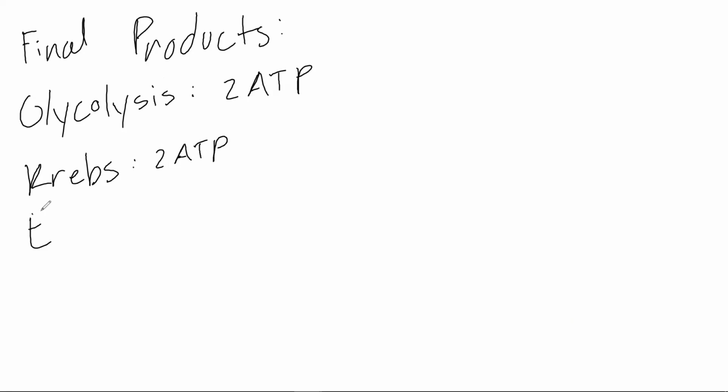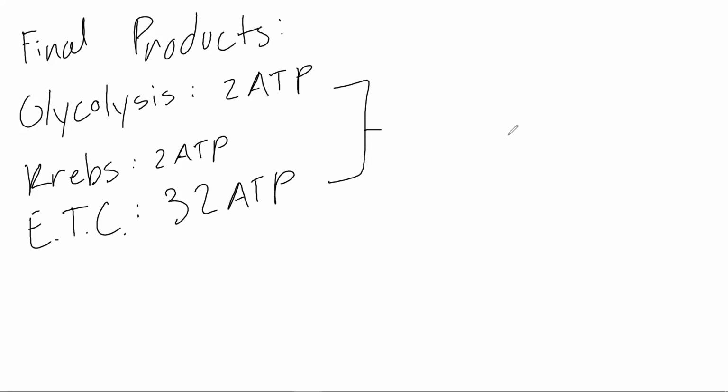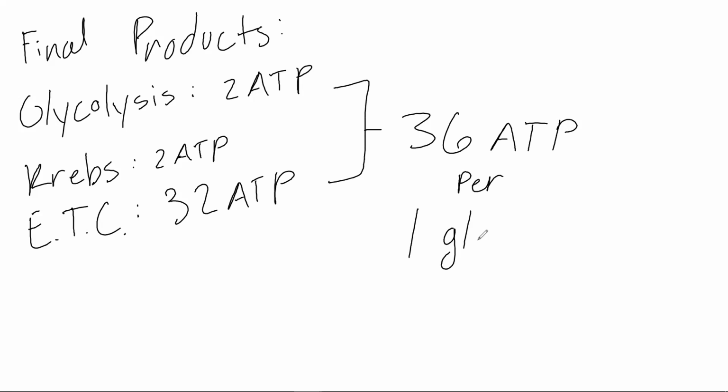And your electron transport chain makes about 32-ish ATP, meaning you have a total of 36 ATP per 1 glucose. And that is a lot of energy.